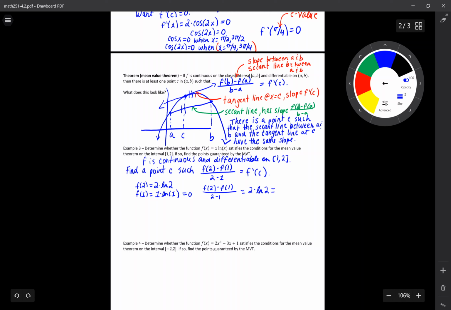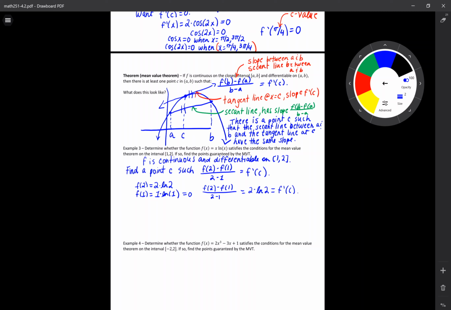And again, I want this to be equal to f prime of c. I'm trying to find that c value. So next I need to find the derivative of my function and find a point where that derivative is equal to 2 times natural log of 2.